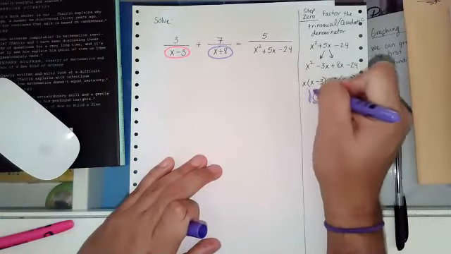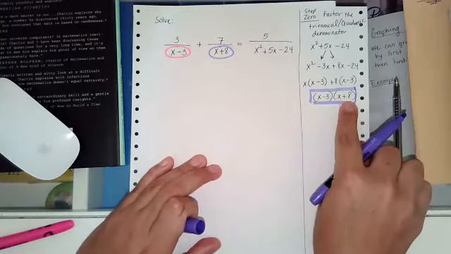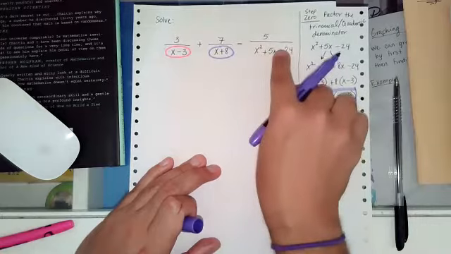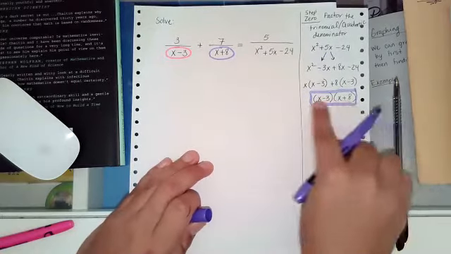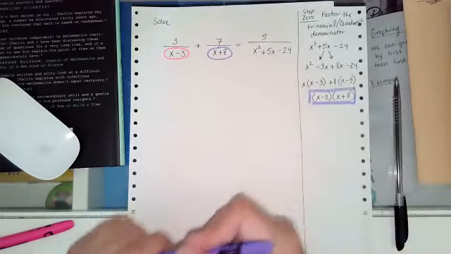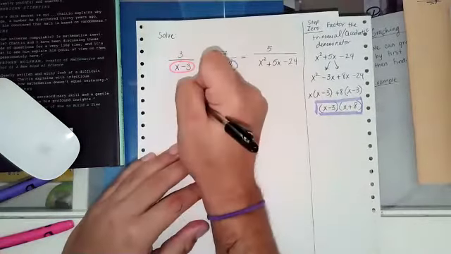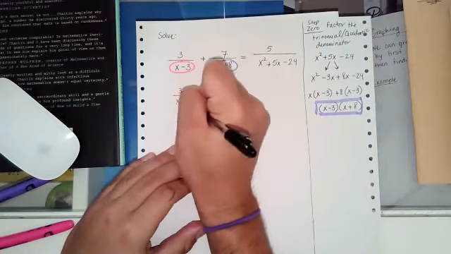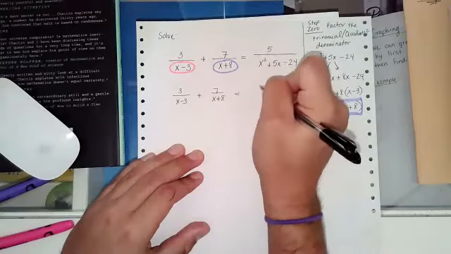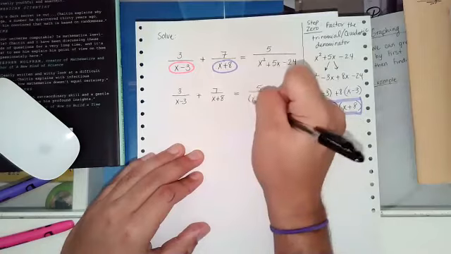Notice that these factors, if I wrote this in factored form, would be these two factors, but these two factors also occur in these two terms over here. So what you could do, and I know this is a lot of rewriting, you don't necessarily have to do this, but I like to do it. We're going to rewrite the problem, but the last term, I'm going to rewrite it with the denominator in factored form.